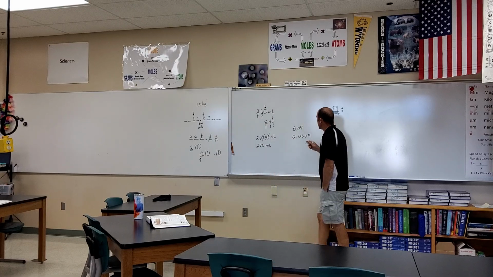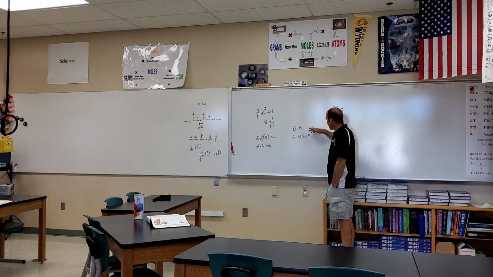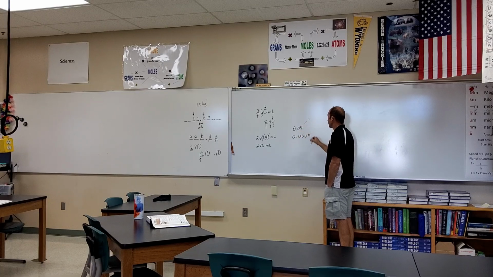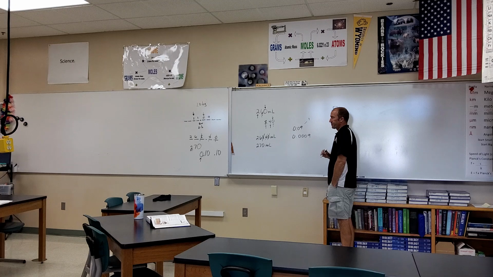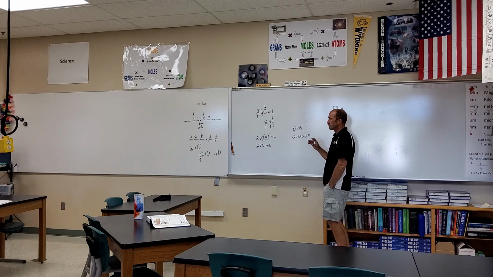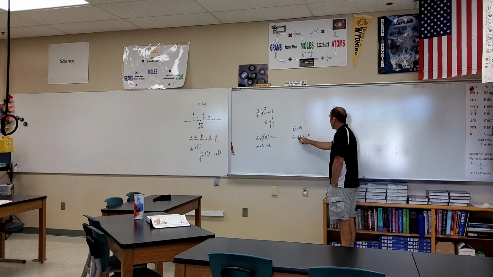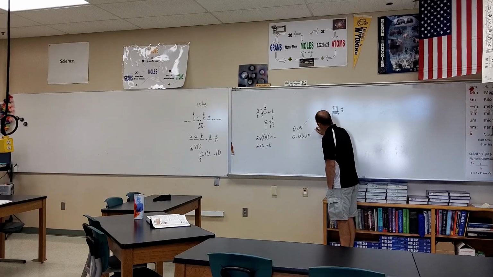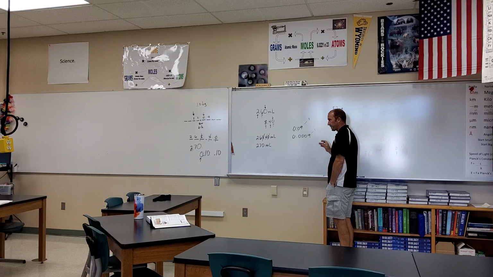Okay, so if we were to look at these two numbers, this one only has one significant digit because these zeros in front are not. Okay? This one, again, only has one. So why?